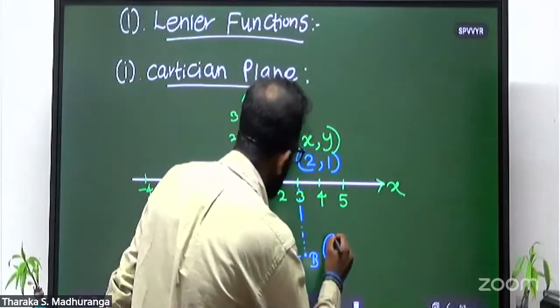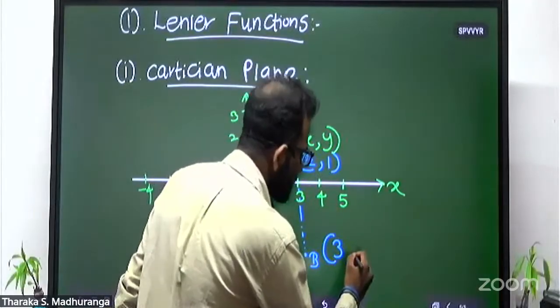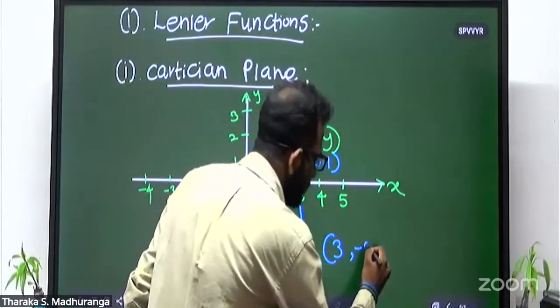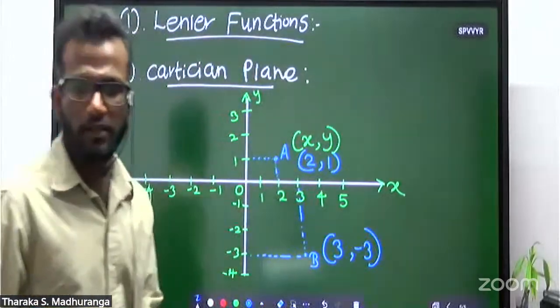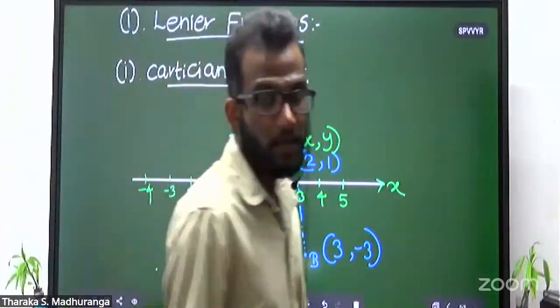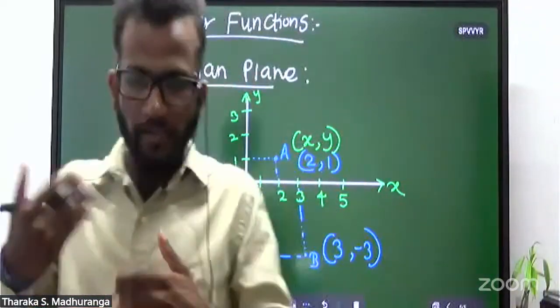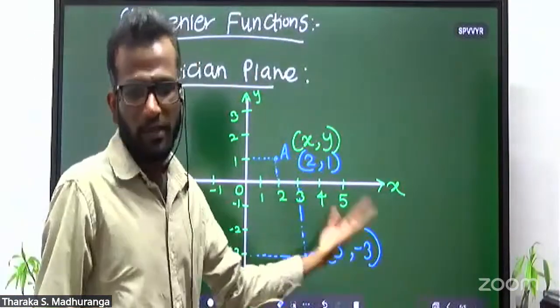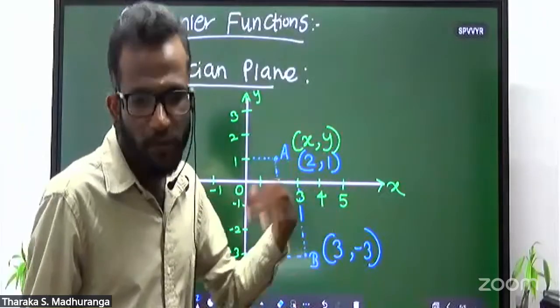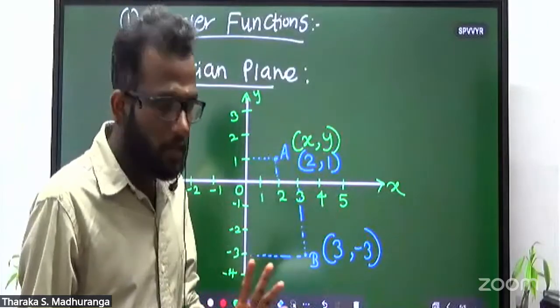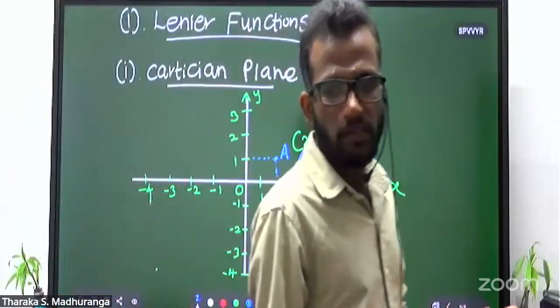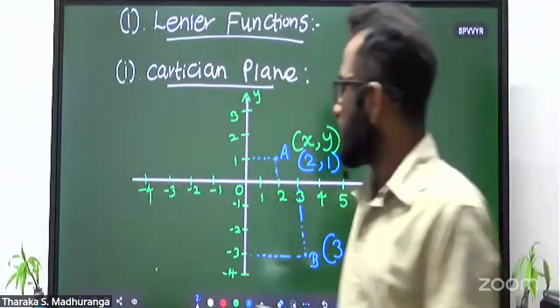It is x 3, positive 3, minus 3. This is the answer. If there are no brackets, you are wrong. In the exam also, this type of simple question is not asked, but you have to find the coordinates for doing other questions, and when you write coordinates, the brackets are compulsory.